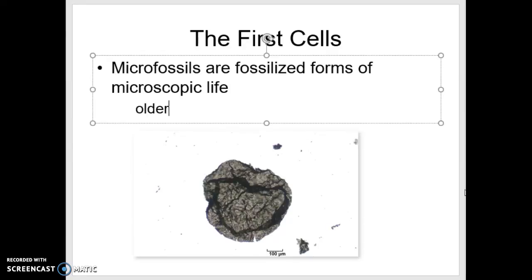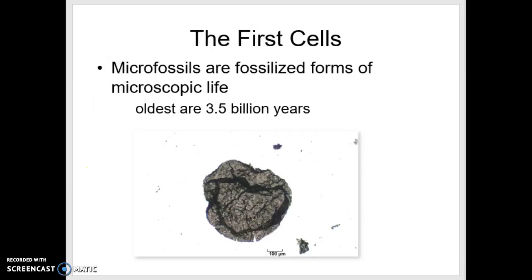The oldest known to science date back 3.5 billion years. Alright, so that is the oldest known evidence of life on Earth. More research, maybe we'll find something older, but currently this is our oldest physical evidence of life on Earth in the fossil record, these microfossils.